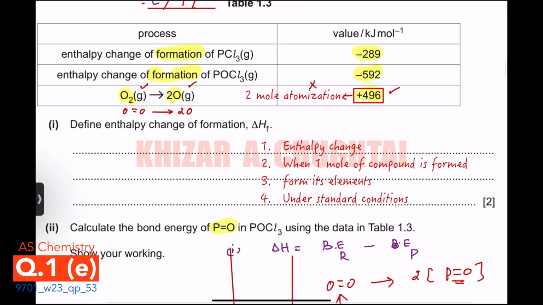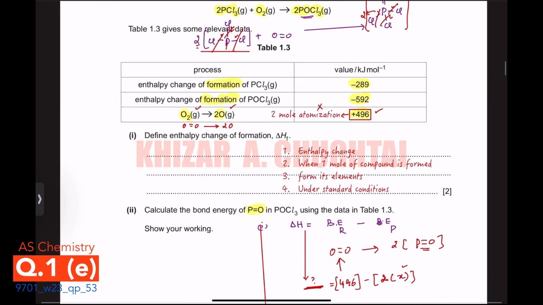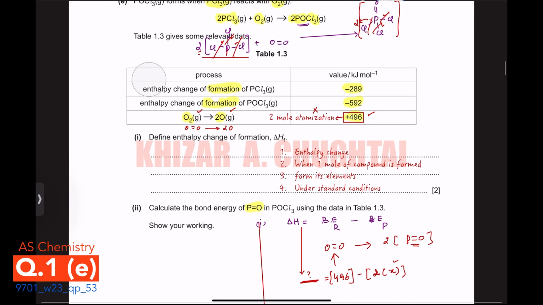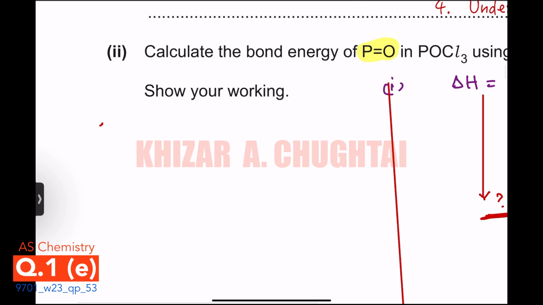As the given data of enthalpy of formation is over here, I'm going to use the enthalpy of formation data with this equation. What is the equation? 2 mole of PCl3 plus oxygen goes to 2 mole of POCl3. Enthalpy of formation means there are two compounds and they both are being formed. So I am going to write the elements first.